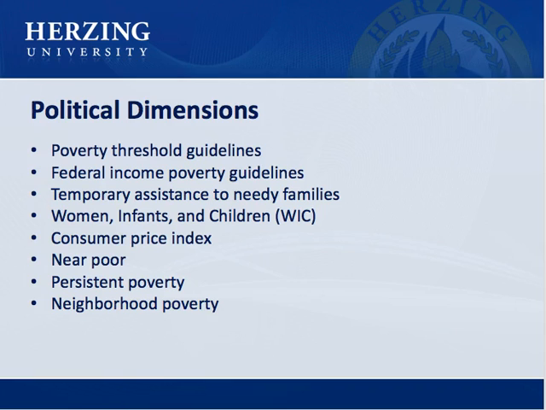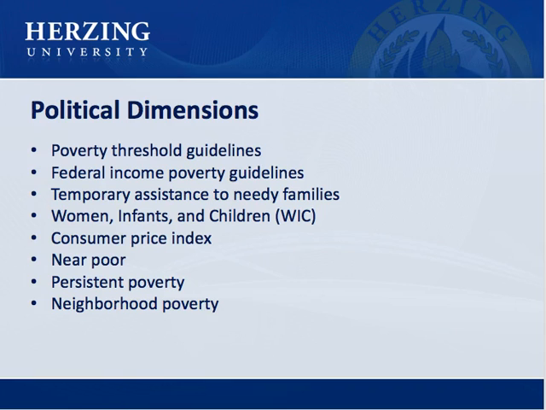Political dimensions. Poverty involves a lack of control over critical resources needed to function effectively in society. A historical and political review reveals changing attitudes and an interest in the plight of the poor. The federal government uses two terms to discuss poverty: the Poverty Threshold Guidelines and the Federal Poverty Income Guidelines.